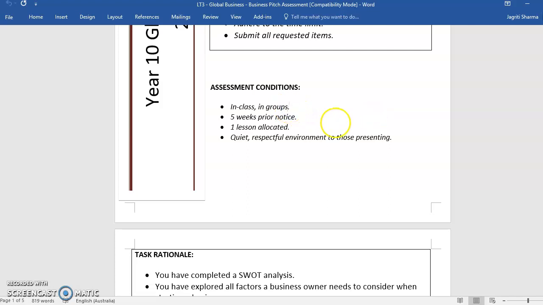It is due in week 5, with 5 weeks prior notice and 1 lesson allocated. Today's lesson I'm allocating to this. I might give you a couple more sessions in week 4 to finish your presentation, or maybe week 5. Wednesday of week 5 can be a work day, and you can present it on Friday.